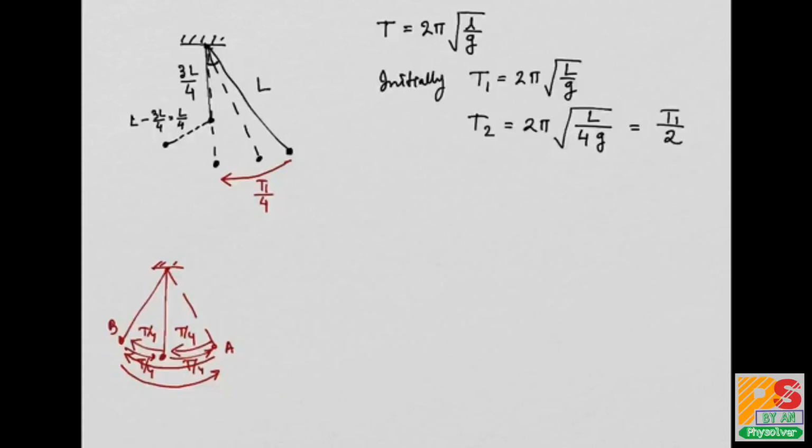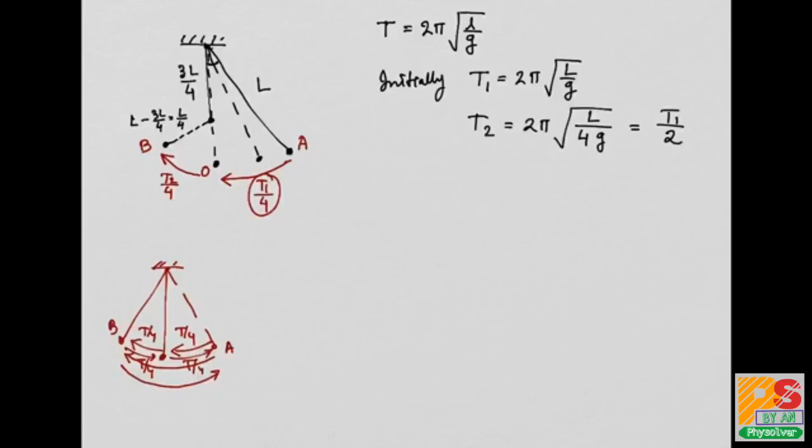Therefore I can say the time taken, suppose this point is O, this is A, this is B. The time taken by the bob to move from A to O is T1 by 4. Now from O to B, the time taken by the bob is nothing but T2 by 4 by similar arguments, because here time period is T2, mind it, because time period has been changed due to change in length.